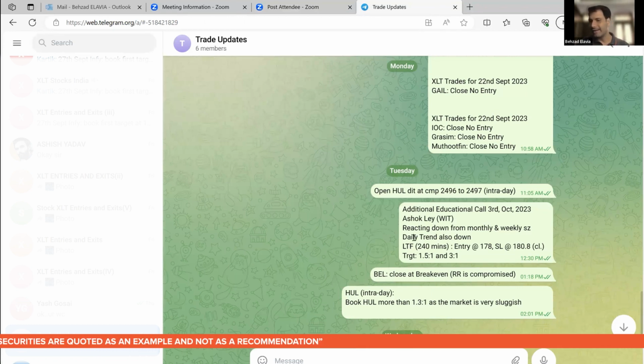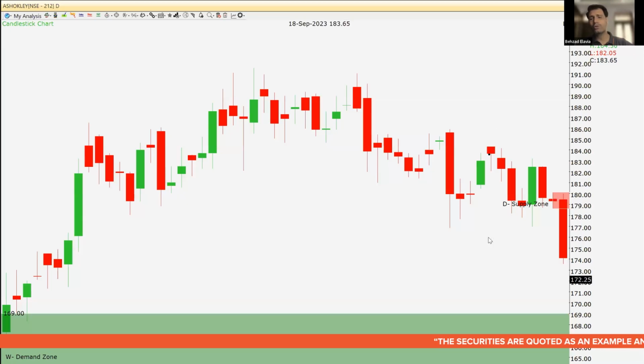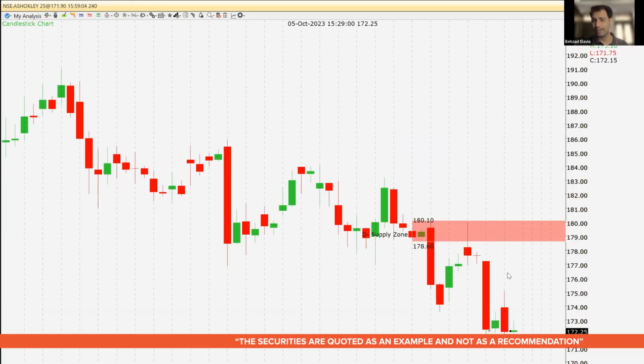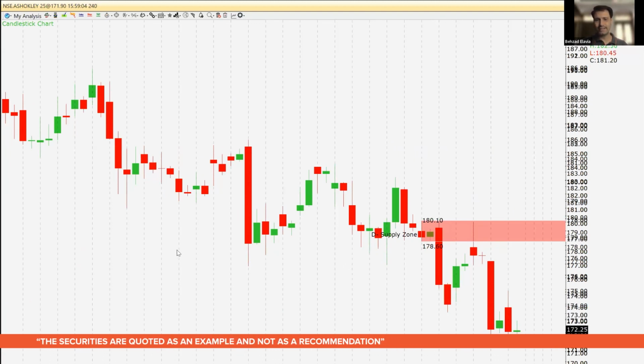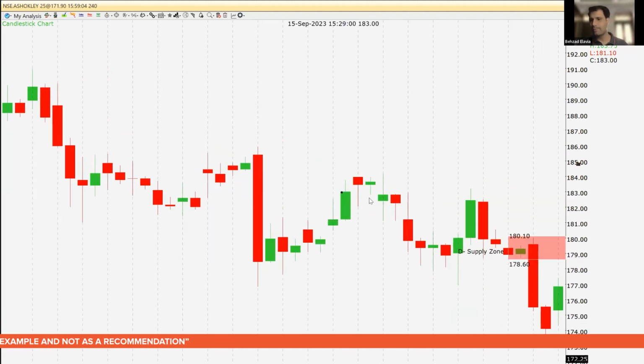I wrote very clearly that it was reacting down from a monthly and a weekly supply zone. The daily trend is also down. Execution timeframe was 240 minutes. This is my entry, stop loss, and my targets of 1.5 or 3:1. So when I go to my execution timeframe of 240 minutes, this is what our planning was.